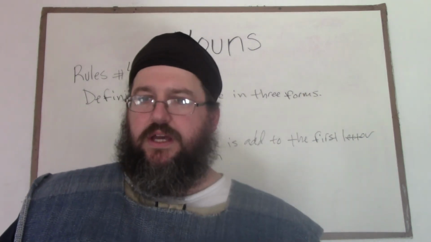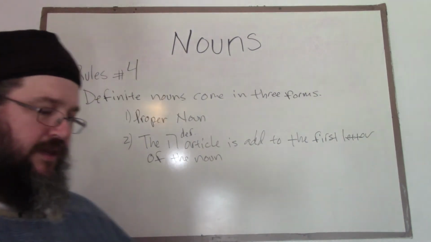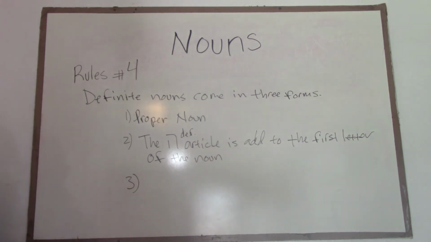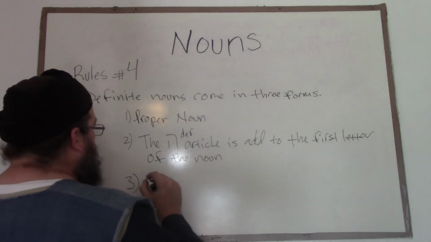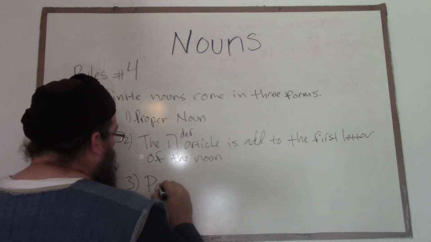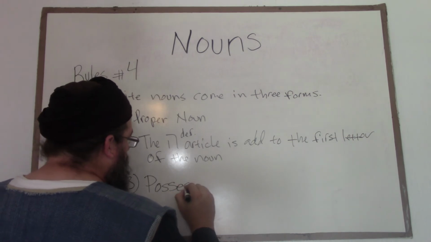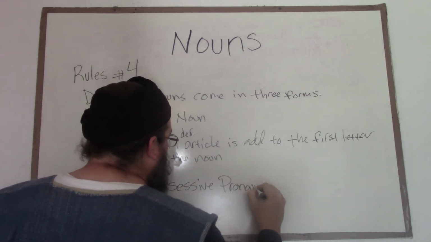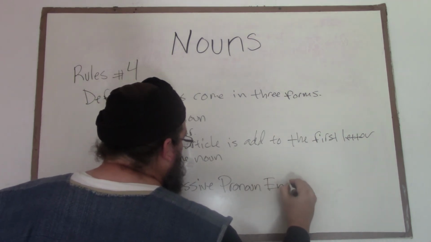What is another way I can make a noun definite in Hebrew? Number 3. How can I make a noun definite in Hebrew is going to be having a possessive pronoun ending.